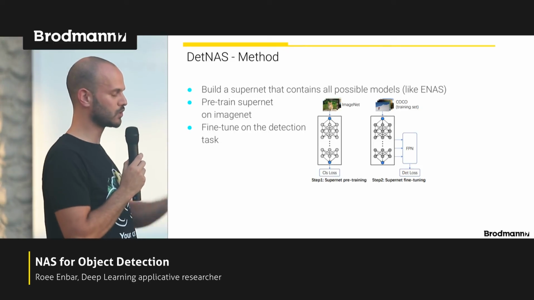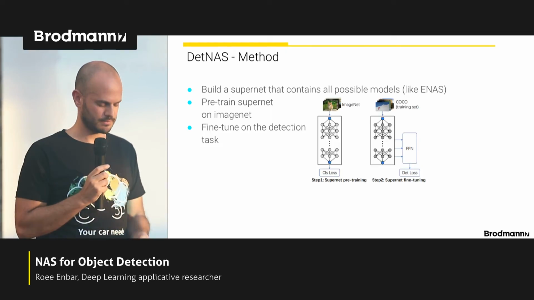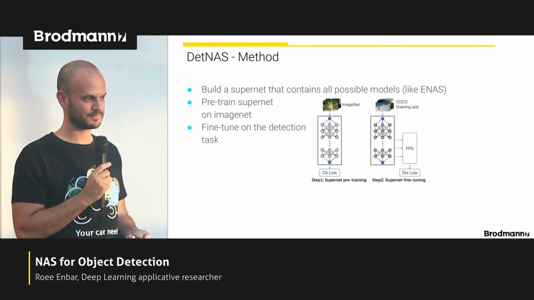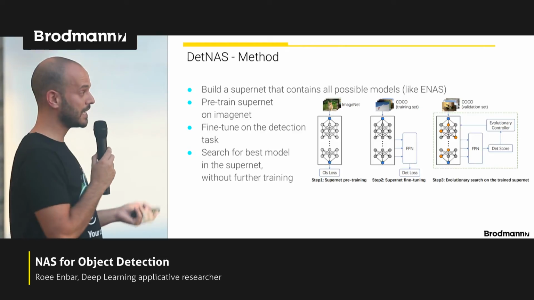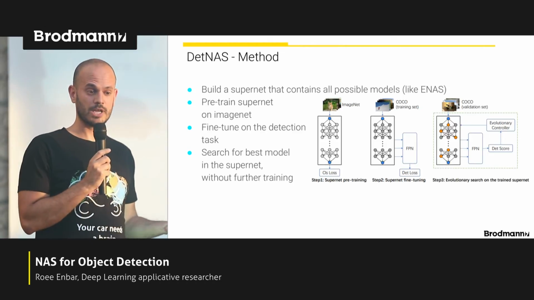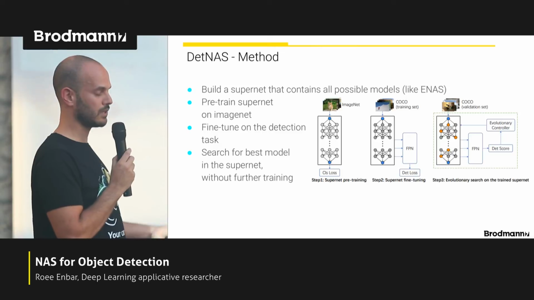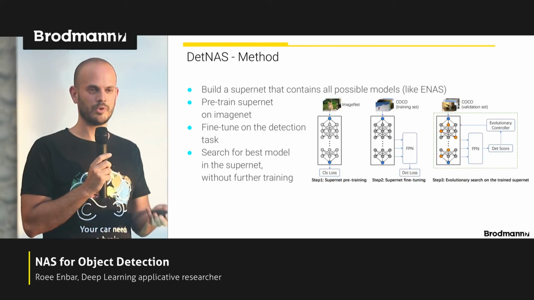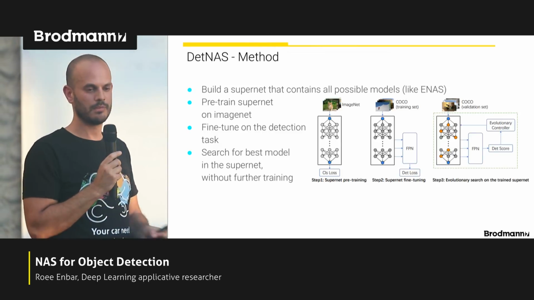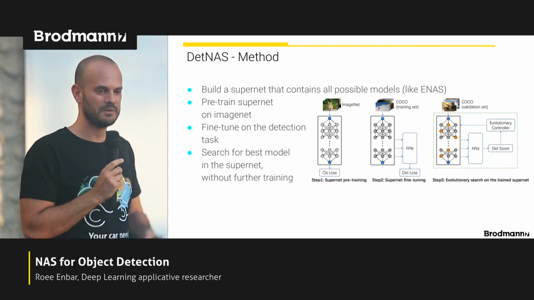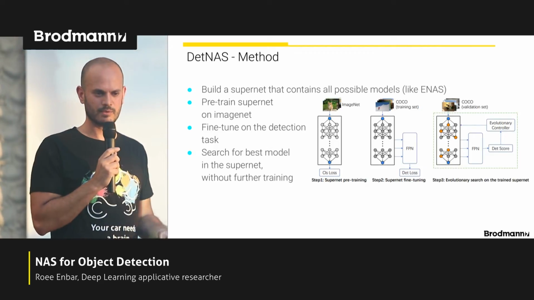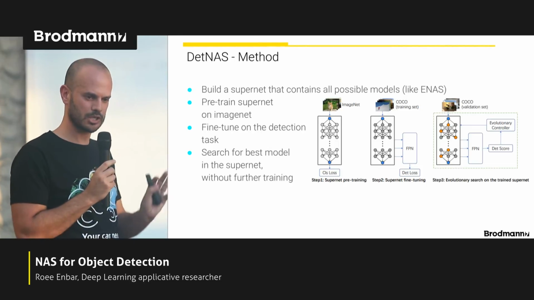And at the end, you get a super network that is well-trained. And in the end, after I have my super network pre-trained on ImageNet, I search for the best model or the best path in my supernet, and I don't need to train it any longer because arguably my models are already trained. Right? There are a few caveats like batch normalization, but we'll leave that for now.